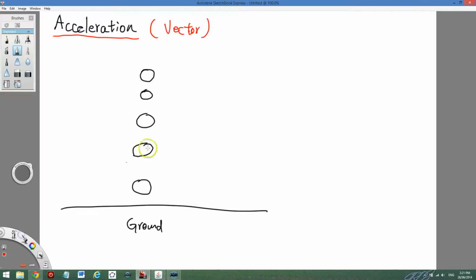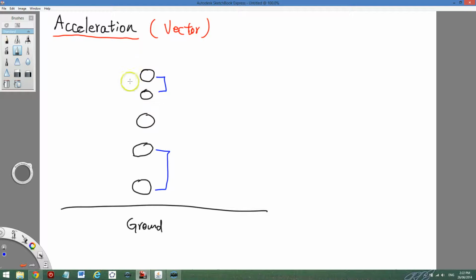If you compare the speed at these two positions with the speed at this position, you find the longer it experiences acceleration, the faster it is. Acceleration is basically speeding up or slowing down.